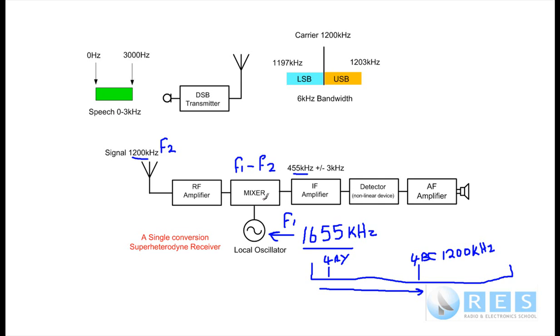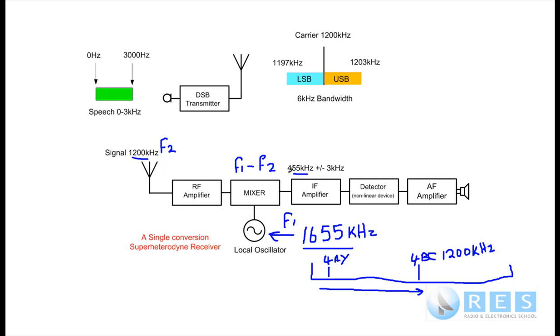So we're going to frequency convert our incoming signal to 455 kilohertz. It doesn't matter what frequency the incoming signal is. If we want to listen to a different signal, we now have to change the local oscillator so that the difference between the local oscillator and the incoming signal is 455 kilohertz.